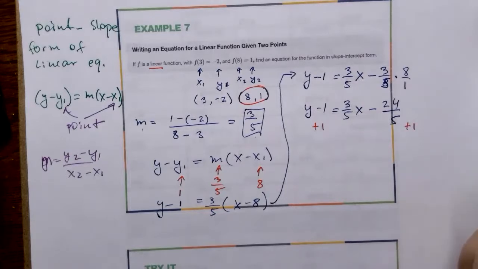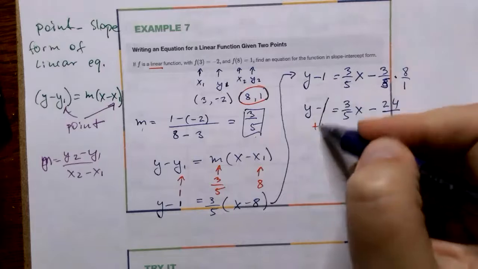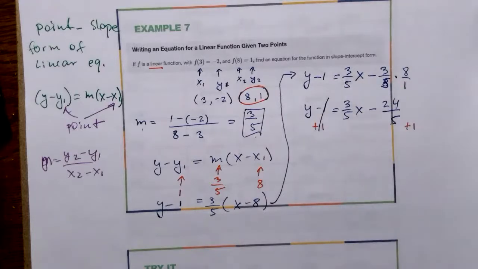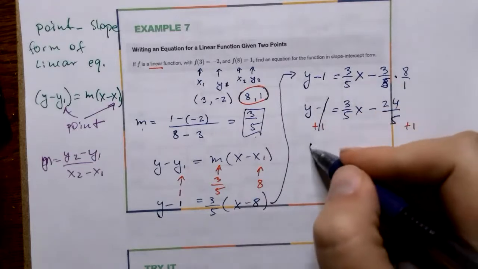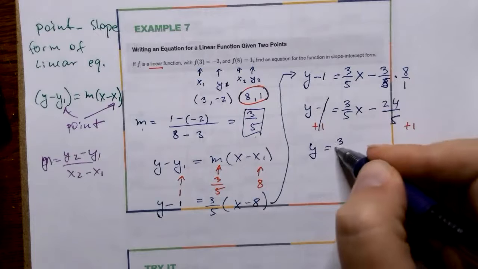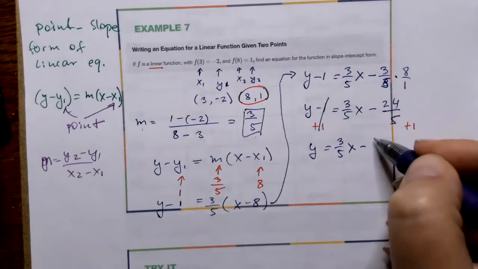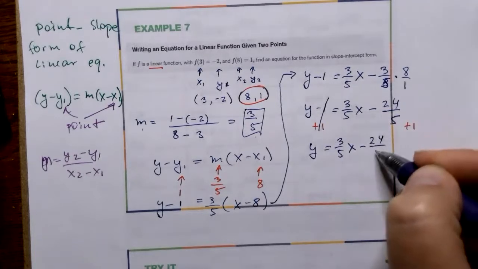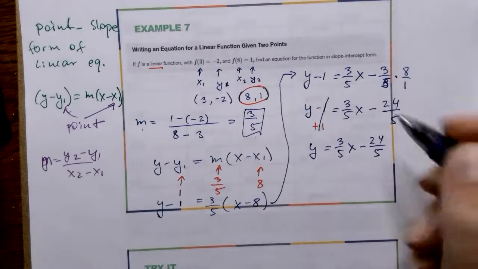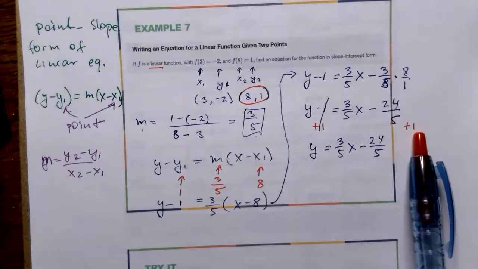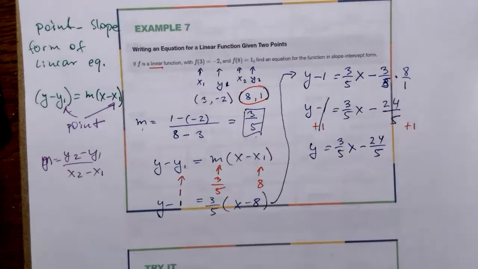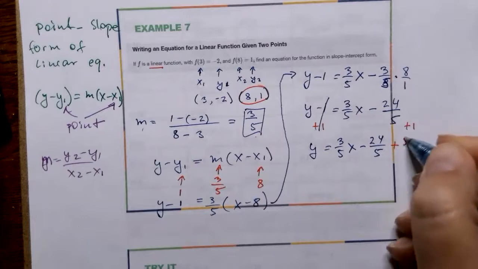And all right, so this goes away, and we have y equals 3/5 x. And now the 24/5. Now I'm going to rewrite this 1 as a fraction, and it's going to be 5 over 5.